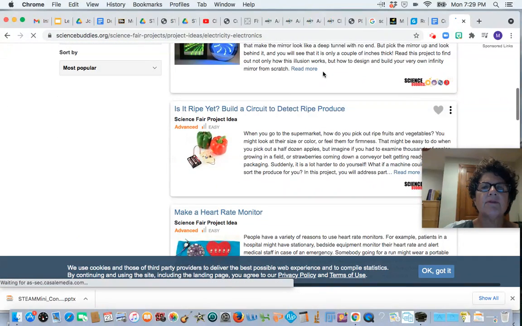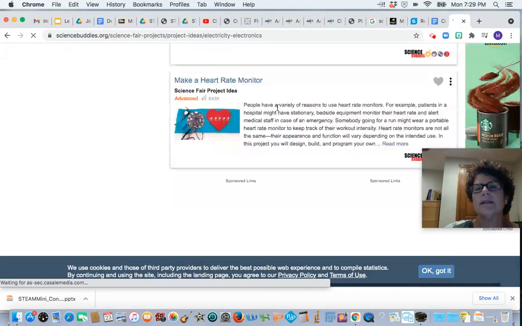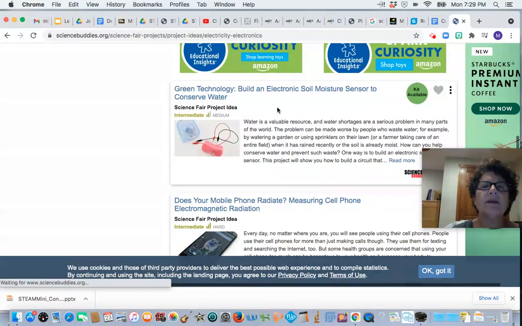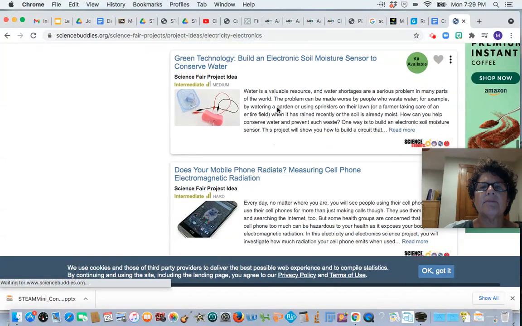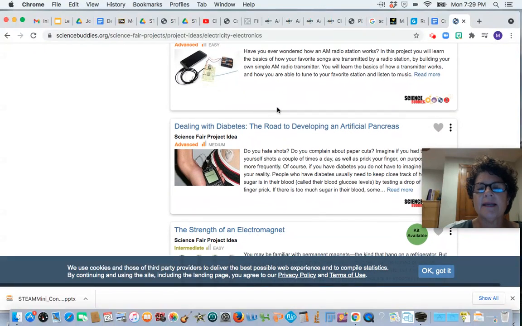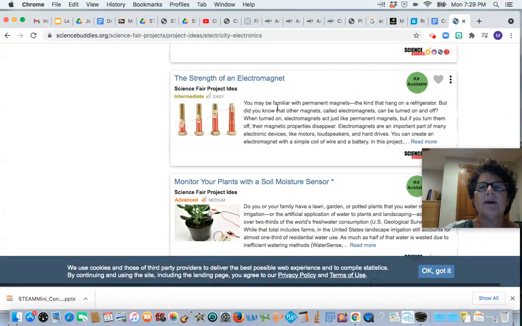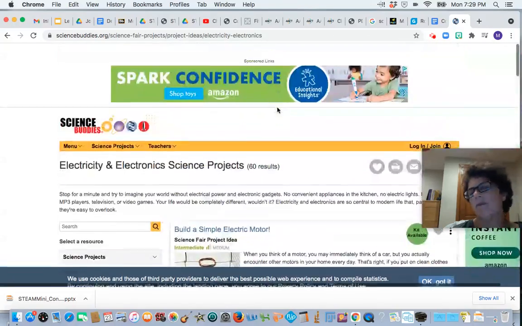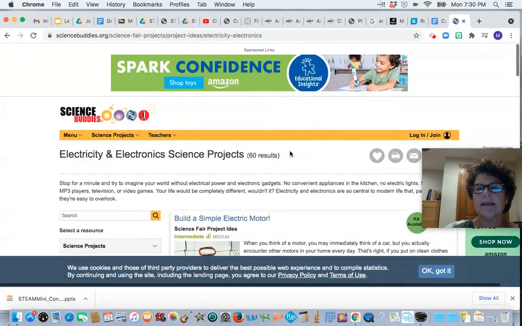I'm trying to think of, even like building a circuit to detect ripe produce. What I really am looking for is just a way for math teachers to collect a lot of data in their classroom without spending a lot of money, or just how to get kids engaged in the inquiry process in your math classroom.